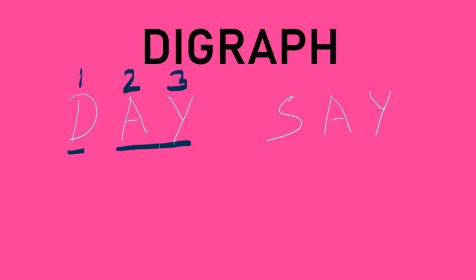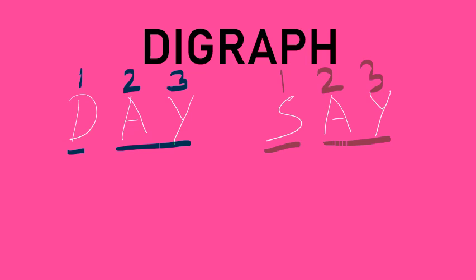Again, we have three letters here. 1, 2, 3. But two sounds. S, A. What's happening here? Two letters are being used, but the sound is single.